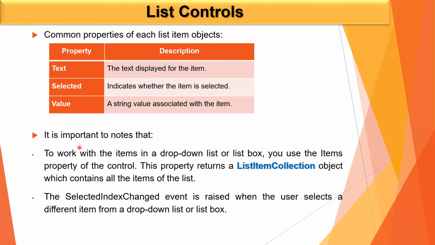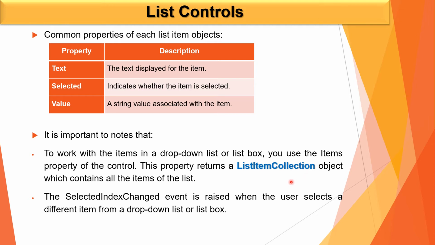Now, how to do all these things? We have to note some very important things. To work with the items in the drop-down list or list box, you can use the Items property of the control. The Items property is also a very important property, and it returns a list item collection object which contains all the items in this list.